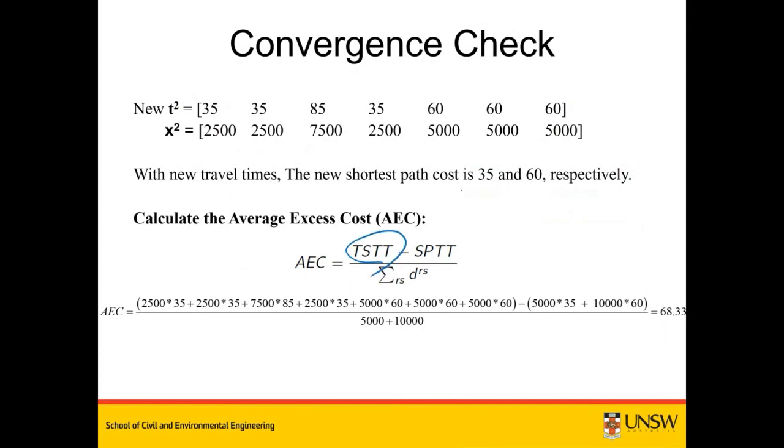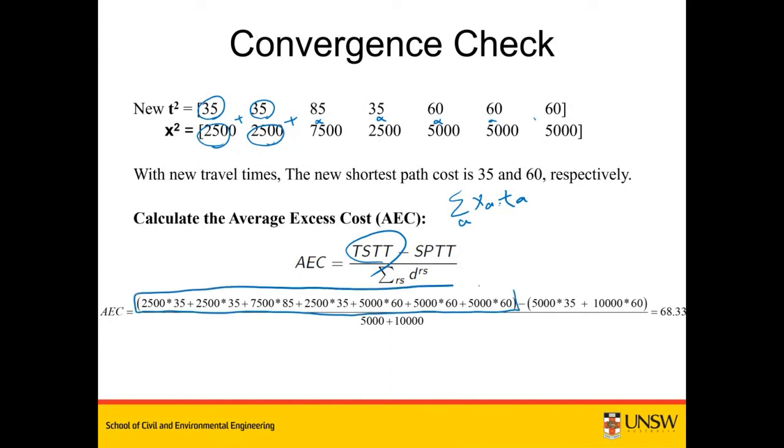Remember, TSTT was the summation of x_a t_a. So it's simply 2,500 multiplied by 35 plus 2,500 multiplied by 35 plus this multiplied by this plus this multiplied by this, and so on and so forth. So we calculate this summation of x_a t_a. So this gives me the TSTT. So it's simple, total system travel time.